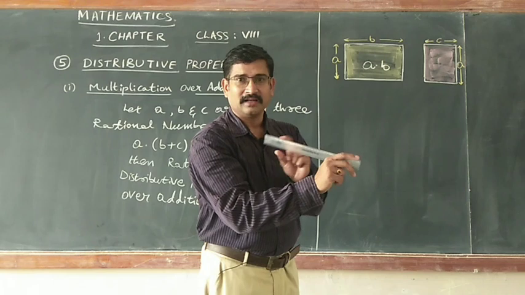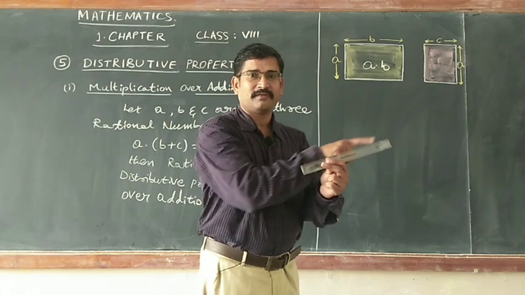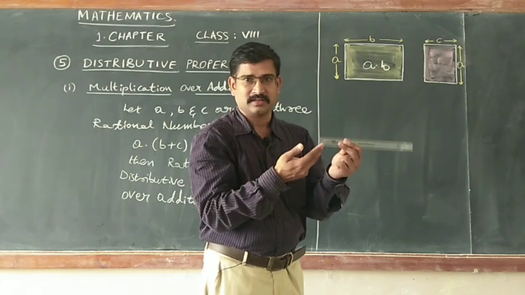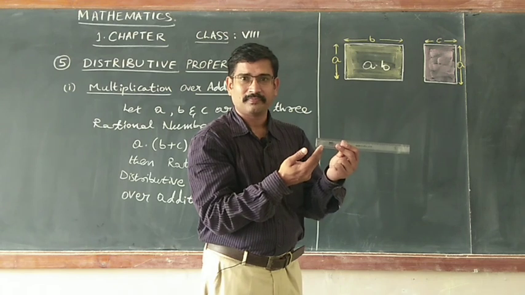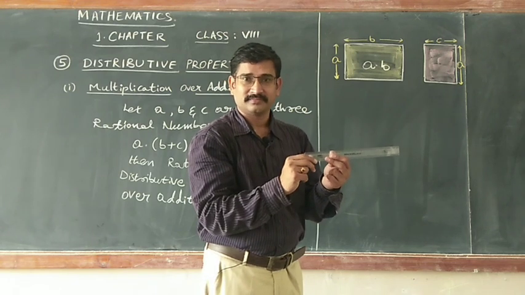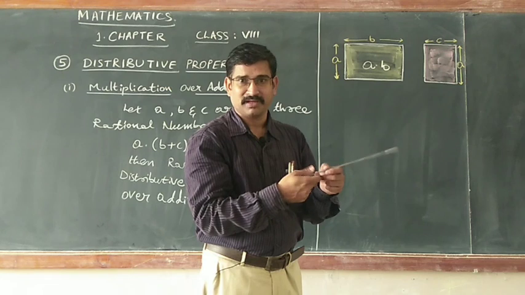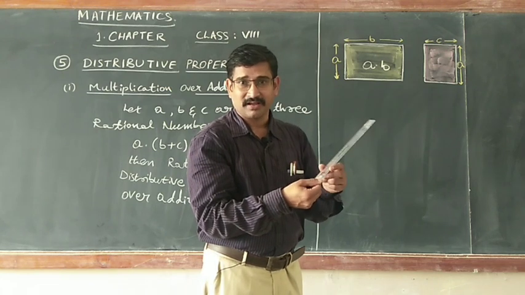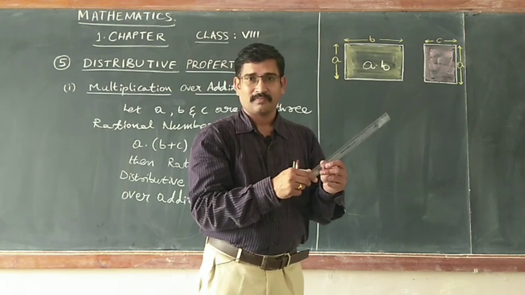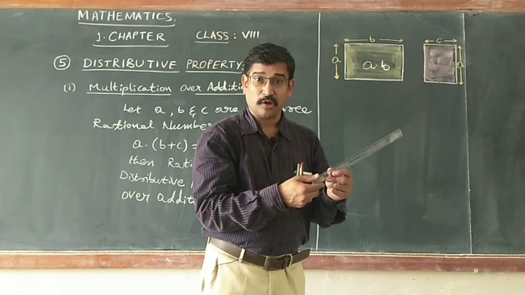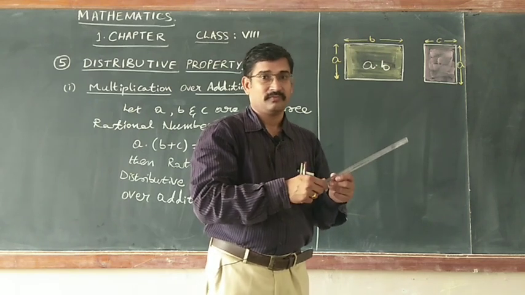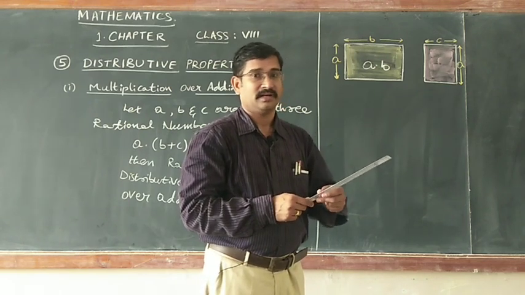This is a scale. We know the length of it. This is also a rectangle shape, but not a rectangle. It is a lamina, rectangle lamina, because it has got some thickness. It is a three-dimensional object. Rectangle is a figure.